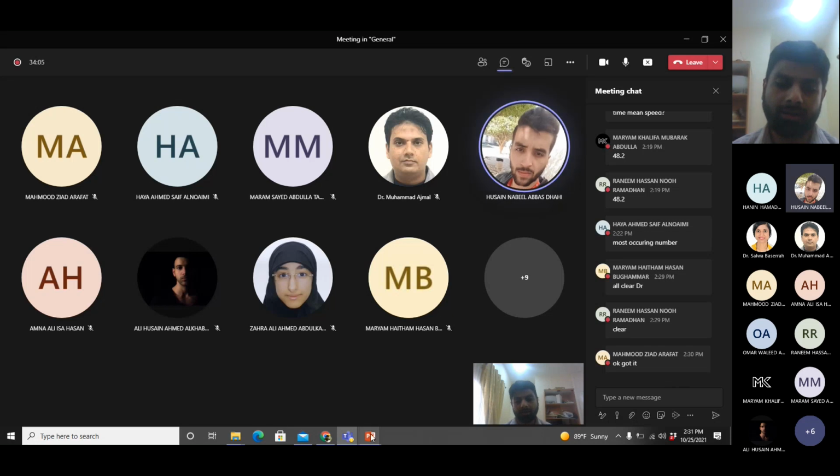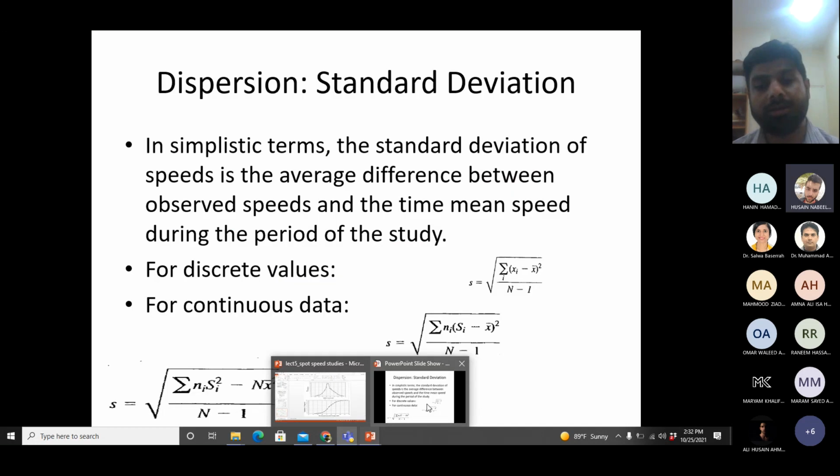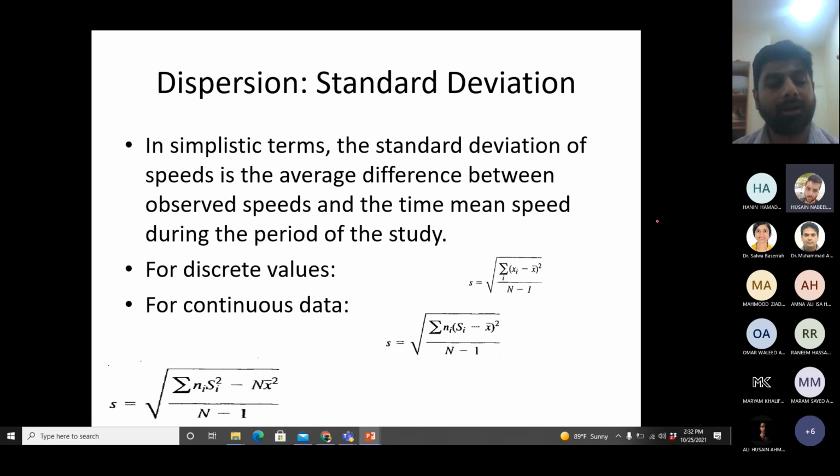No, I know it from my statistics course. Okay, good. Many things which you are seeing here are already covered in statistics. But anyways, you don't remember what we did yesterday. How can I expect you to remember what you did in statistics? Anyways, standard deviation is the average difference between the mean and the other values.